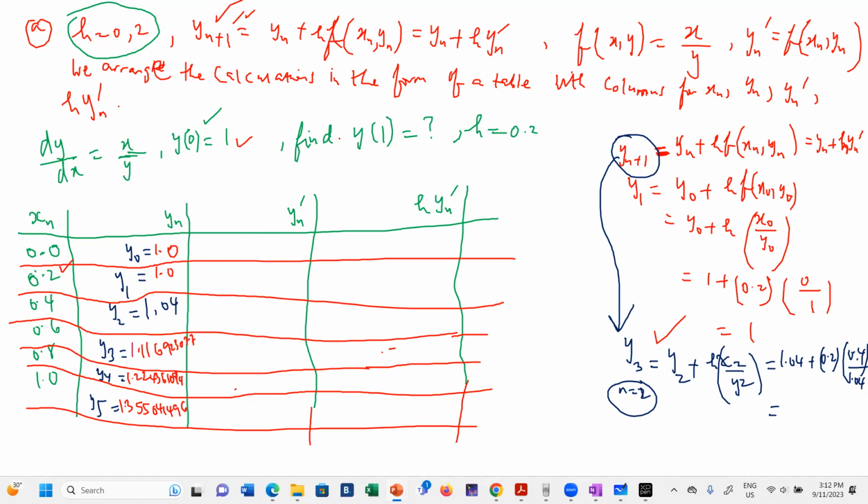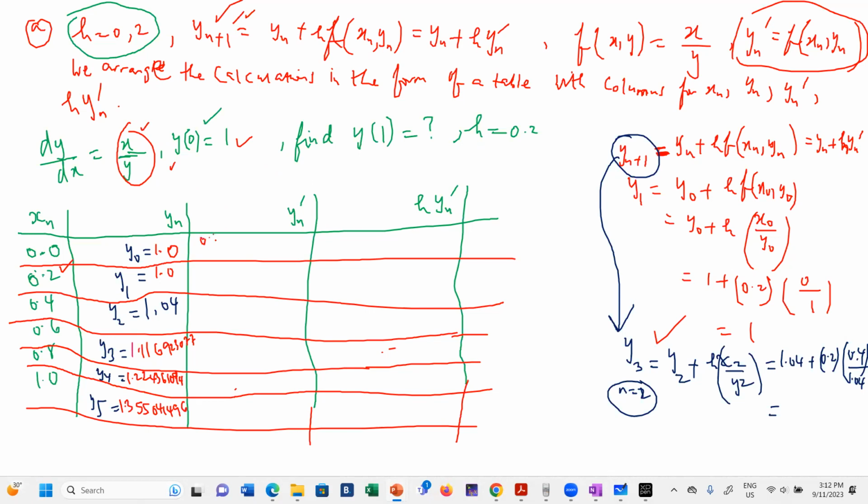But the y primed has its own formula. It is exactly the yn primed, and the yn primed is the differential equation. Here we just divide x by y, so we put x on top and y at the bottom.